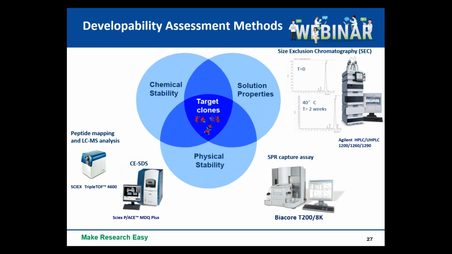And we can also do some developability assessment tests. We could do size exclusion chromatography to detect aggregation. We can do capillary electrophoresis for charge variants, and LCMS for sequence integrity.